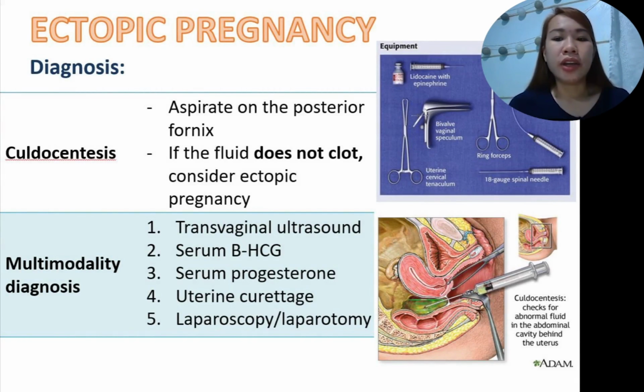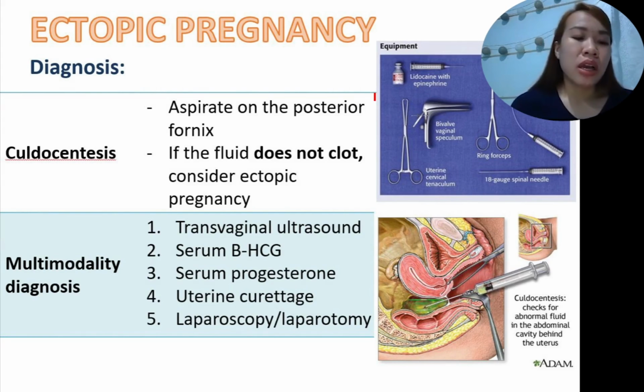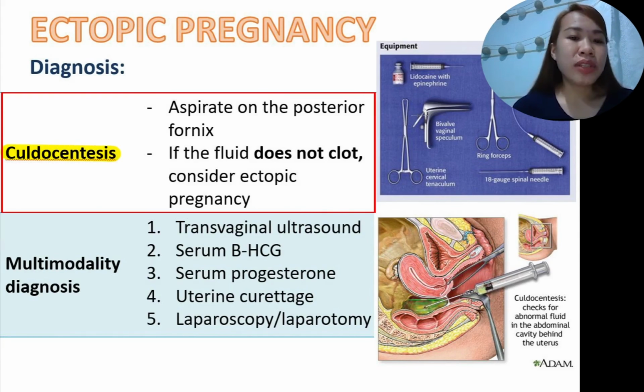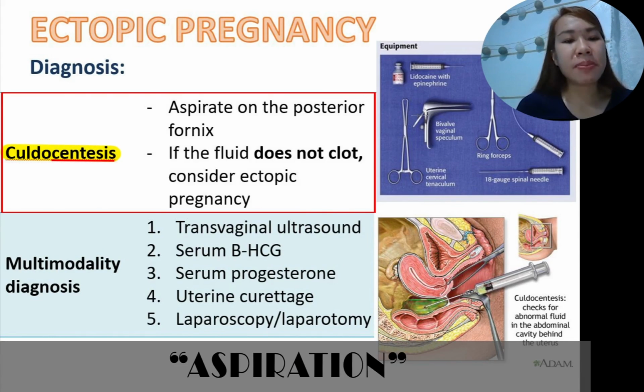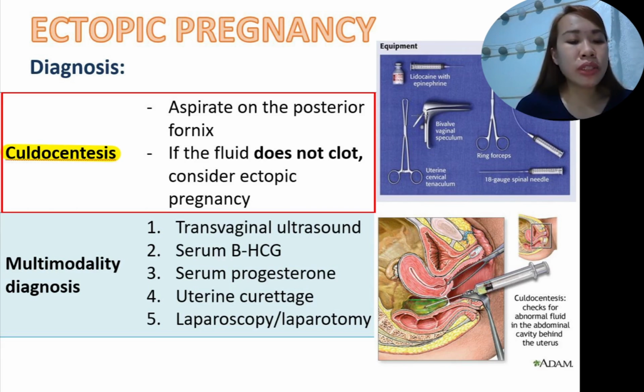another way to diagnose ectopic pregnancy is what we call culdocentesis. When you see the suffix centesis, remember, class, this means aspiration. Culdo pertains to the cul-de-sac or the posterior fornix.